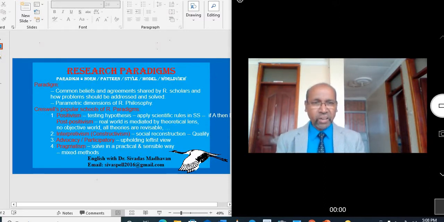According to Creswell, there are 4 different types of paradigms. That means there are different schools of paradigms. Creswell in 2003 says there are 4 types. First one is positivism, and later positivism is denied by the same type of scientific people, saying that we have to follow post-positivism.